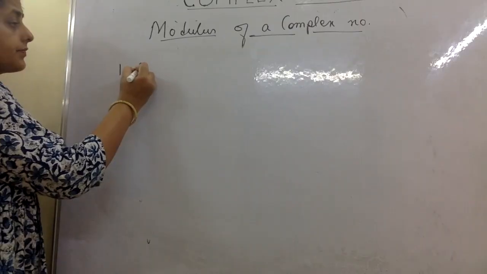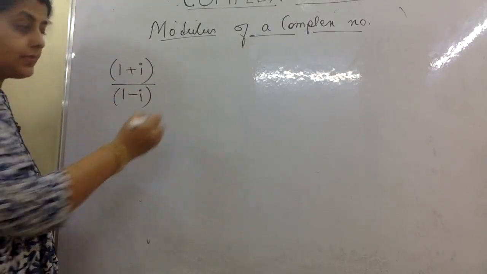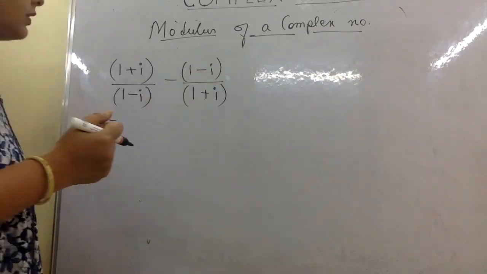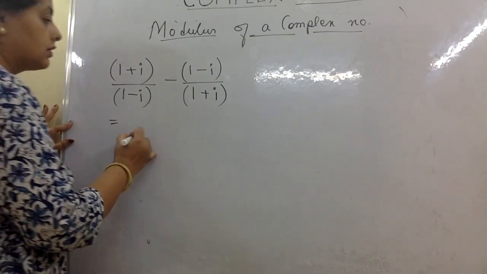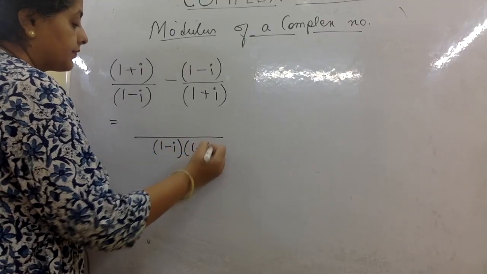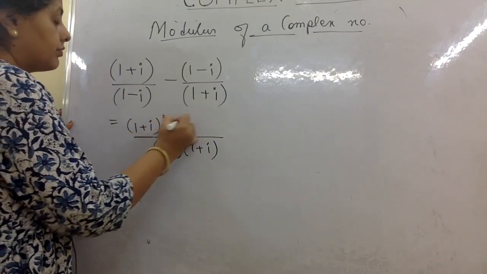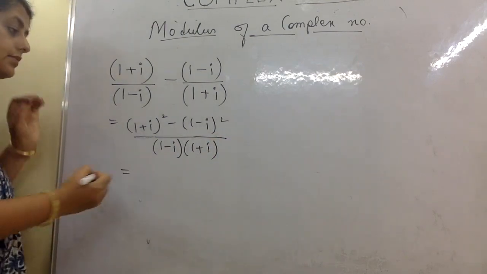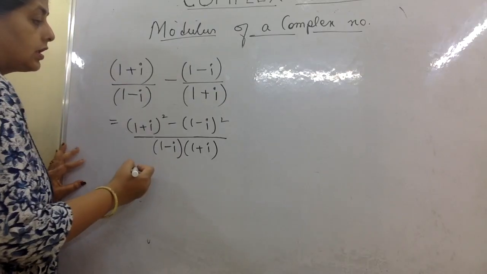1 plus i over 1 minus i, minus 1 minus i over 1 plus i. Now you have to find the mod of this. Taking the LCM: 1 plus i whole square minus 1 minus i whole square, over 1 minus i into 1 plus i.